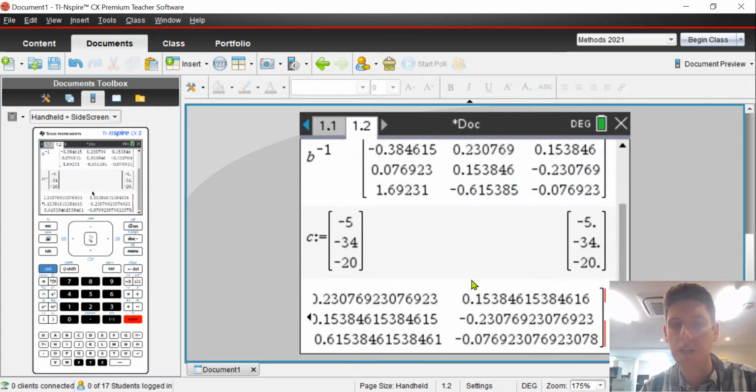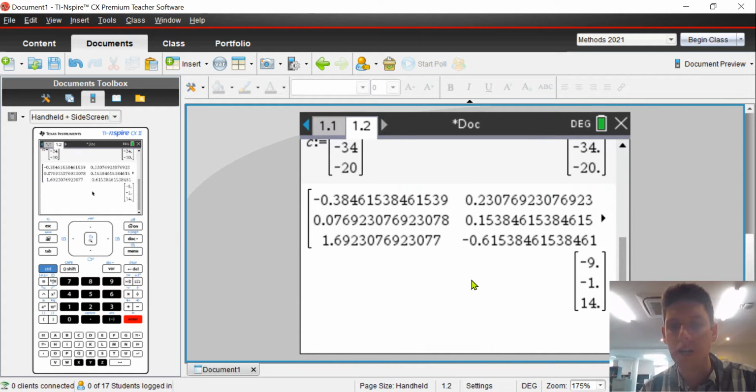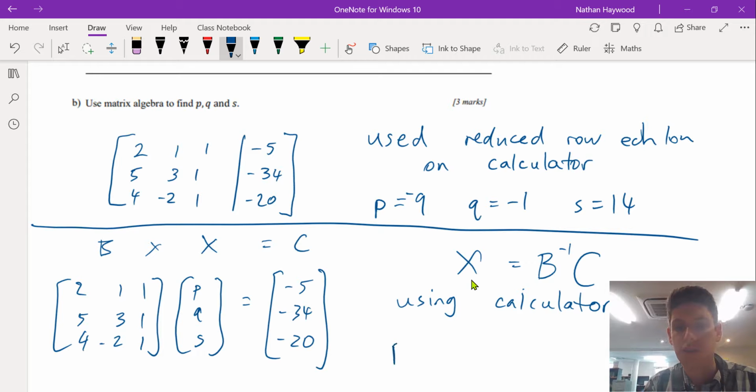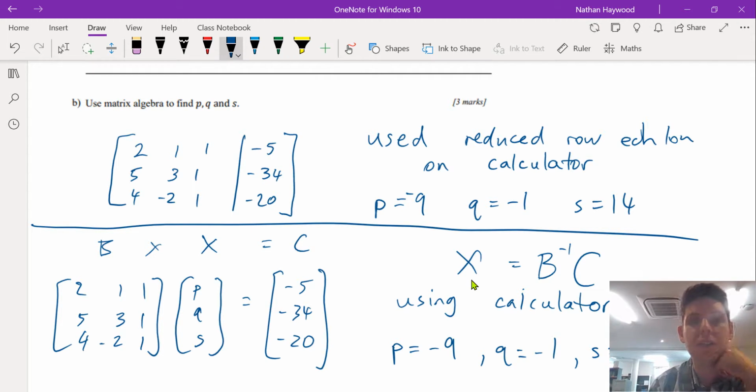So we do the inverse of B times C, and you get the same answer using calculator. And that's it. 2 ways to solve this problem for P, Q, and S.